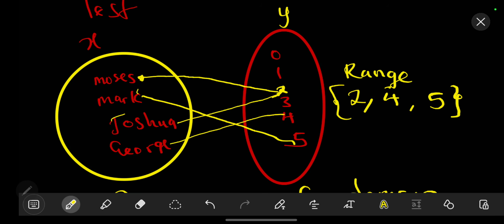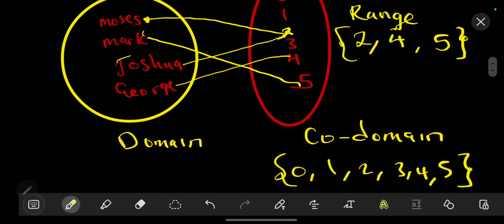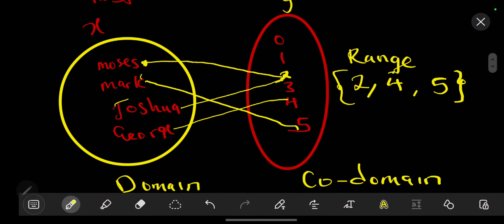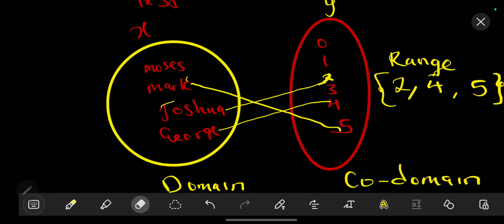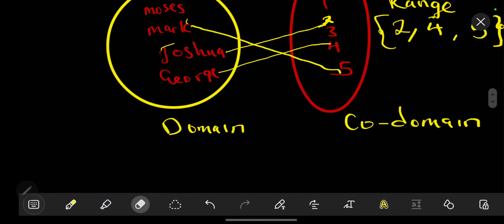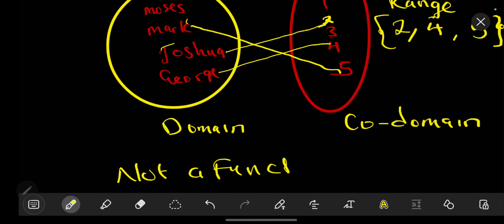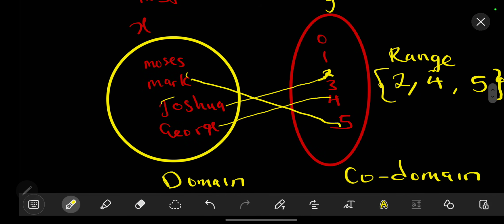Now, on the other hand, let's say we have this one, and we say that this one is not a function. This is not a function because there is an x value that does not have a y value. In other words, Moses here is not recorded to have any mark.